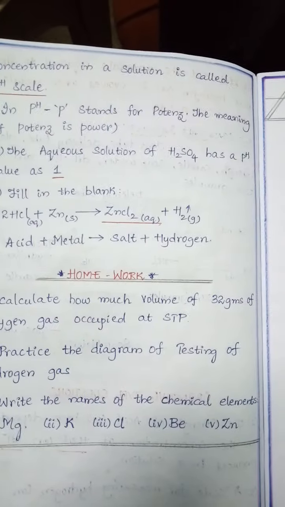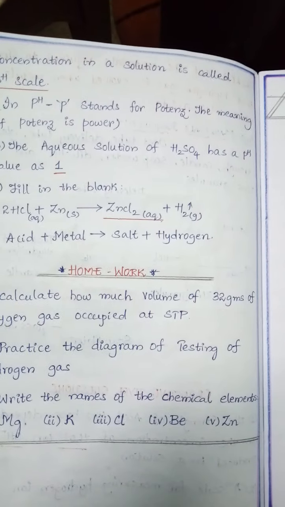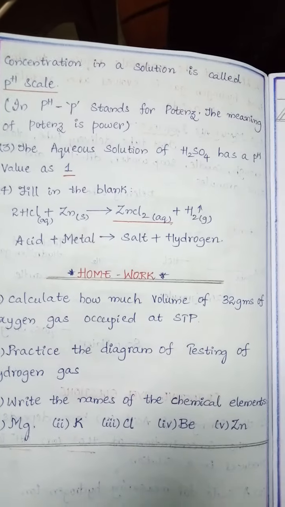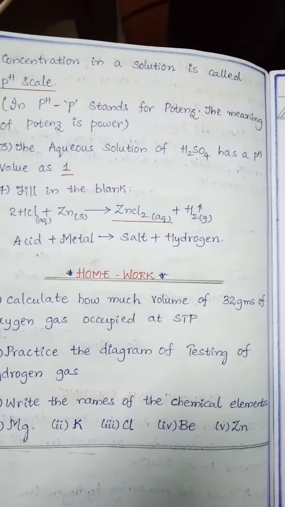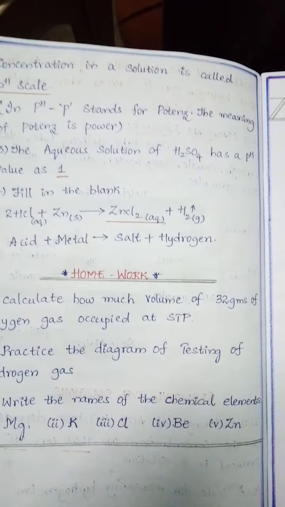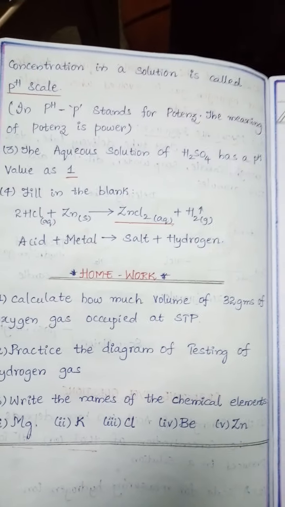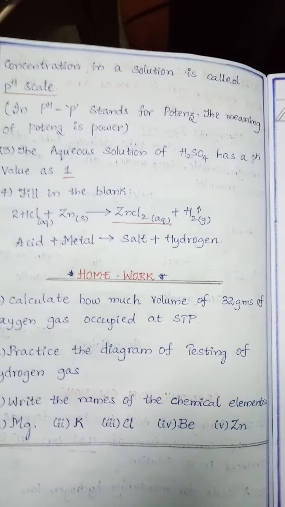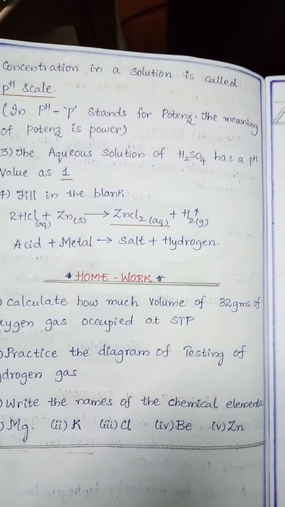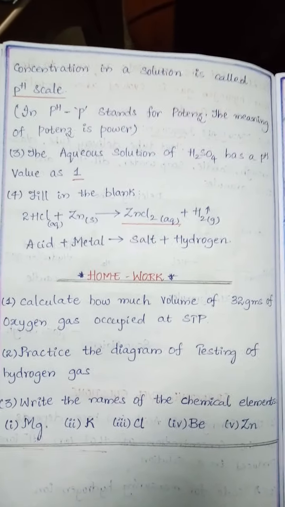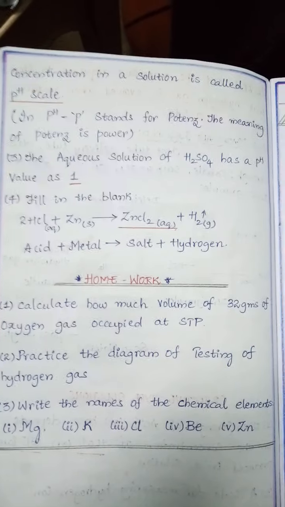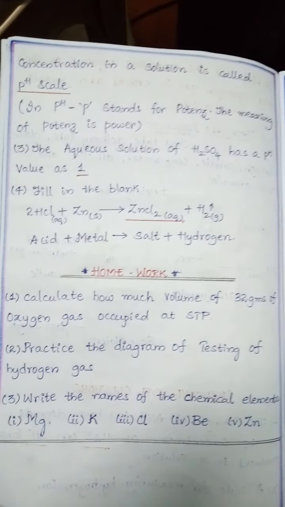Here, we get the blank as ZnCl2. ZnCl2 is nothing but zinc chloride. So on the whole, when hydrochloric acid reacts with zinc, it gives rise to zinc chloride along with the liberation of hydrogen gas. Students, remember this chemical equation, which is the equation for testing of hydrogen gas.